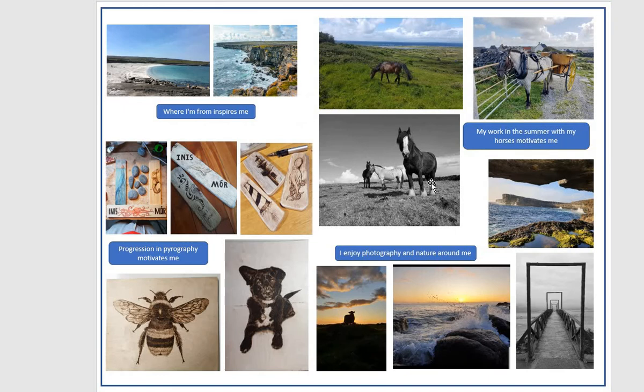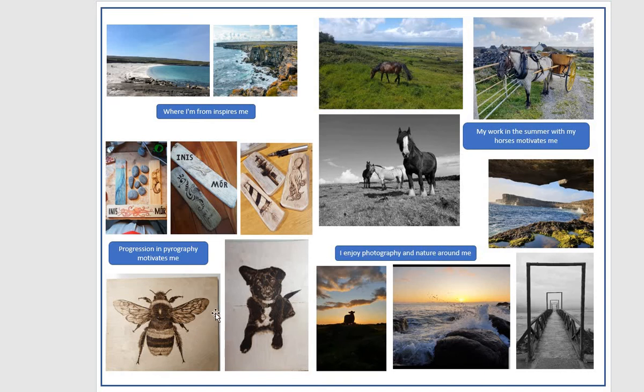And here is my mood board. So where I'm from inspires me. I suppose it would for a lot of people, but being from the islands, we have such a diverse ecosystem and landscape, so that's really inspiring and really nice. Then I have my hobbies. My main one, other than sports, would be my pyrography, which I'm developing nicely and creating a small business from, I guess.